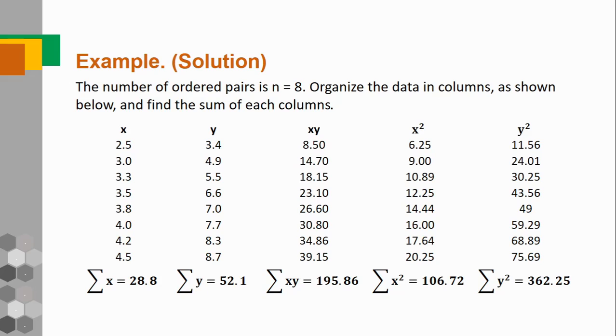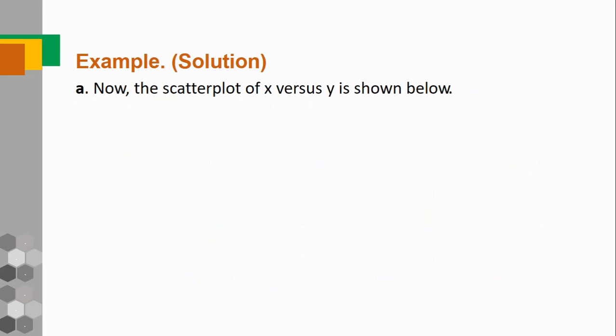And once again, kindly verify these values by using your own calculator. And please take a screenshot, for we will be using these summations later, as what we did in the regression analysis.